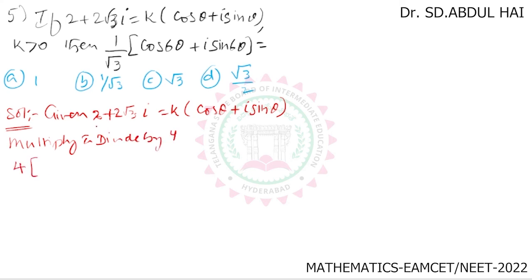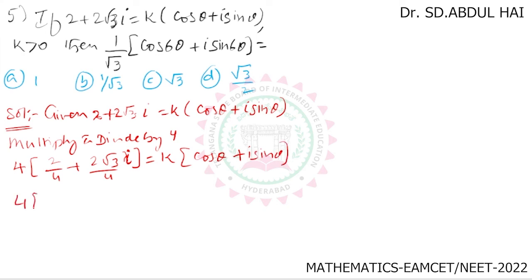So what happens? This 4 will be outside. Now this is nothing but 2 by 4 plus 2 root 3 by 4 into i is equal to k into cos theta plus i sin theta. Now 4 as it is, 2 by 4 is equal to 1 by 2, and 2 root 3 by 4 is root 3 by 2, i.